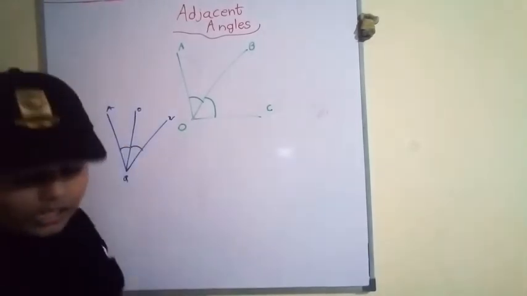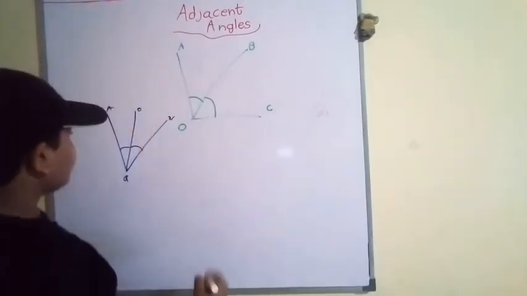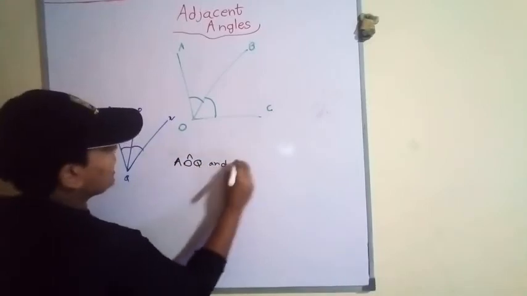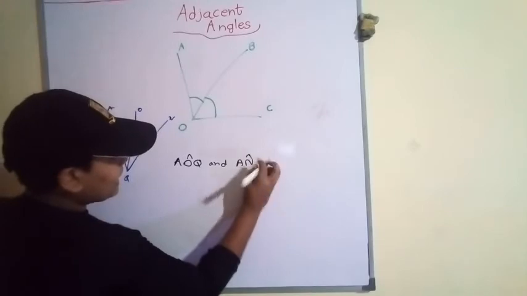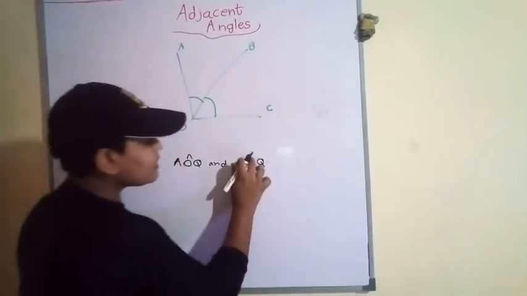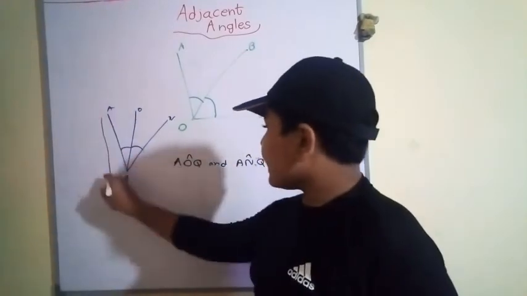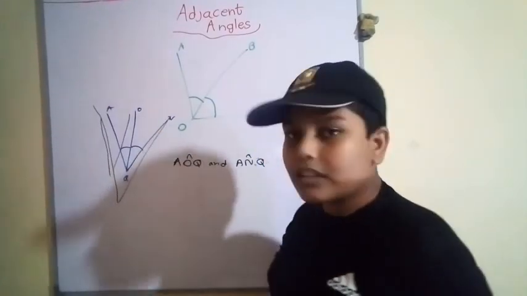Now you have a question like: are AOQ and ANQ adjacent angles? No. This is AOQ. Now ANQ means the full one.